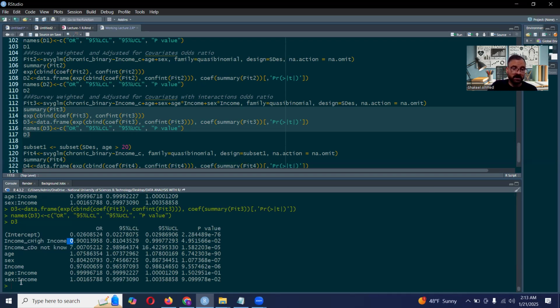And if the interactions are significant, then you need to do a subgroup analysis. For example, if age has an interaction, then you can see the effect of income on chronic condition for different subgroups of age, such as how income is affecting the chronic condition status in the elder population and in the younger population.